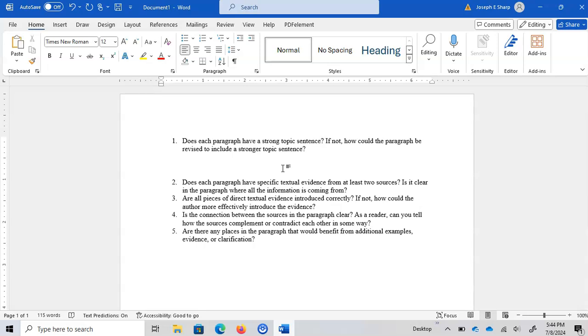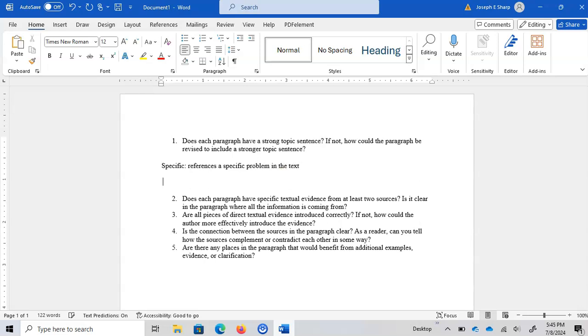So the most important thing about peer feedback is that good peer feedback is specific and actionable. So specific means it references a specific problem in the text, and actionable means you have given an actual suggestion for improvement.